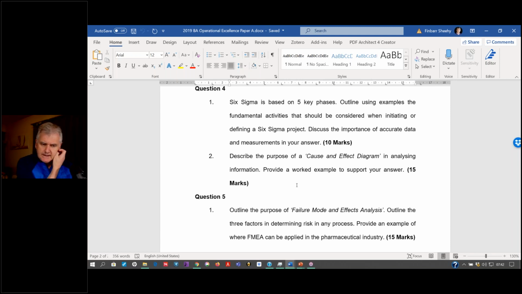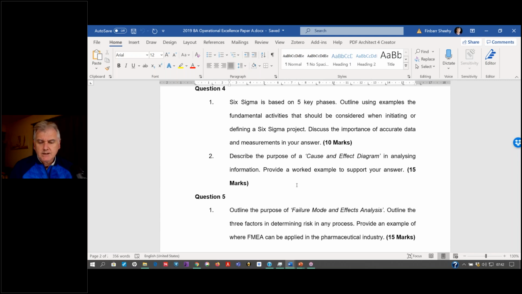Okay, so you can see in question 4 there, it's around the discussion of the importance of accurate data. Again, if any of you are watching the news these days, if you're watching all of the different press briefings, the amount of fake data that's out there, even from bigger institutions.